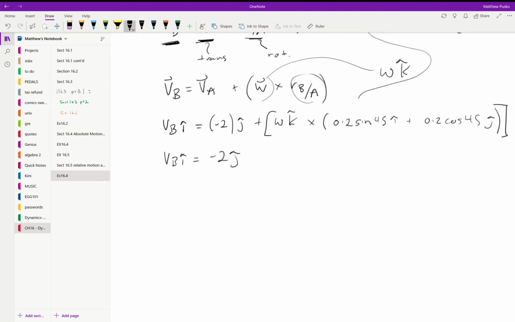K crossed into I will give us J, so it's going to give me 0.2 times omega, and it's going to be in the J direction, and that's for that right there.